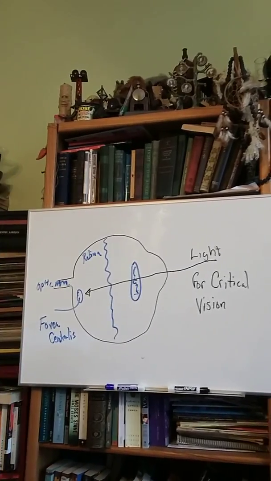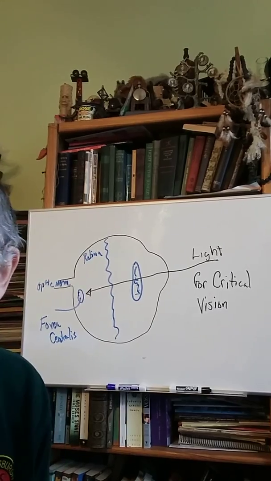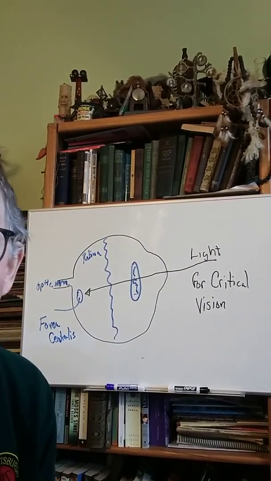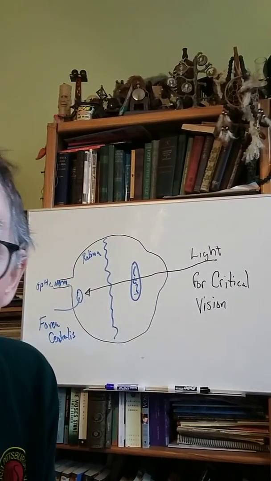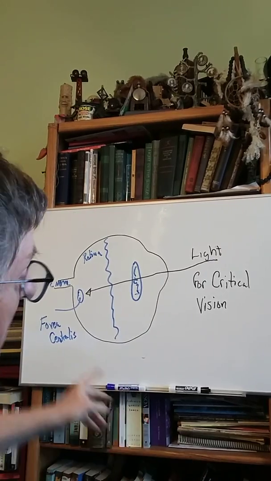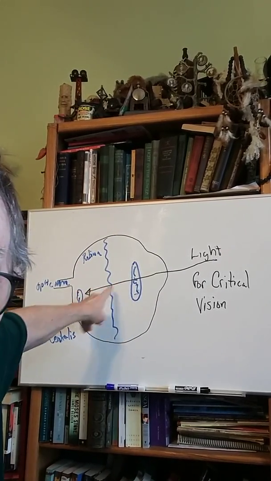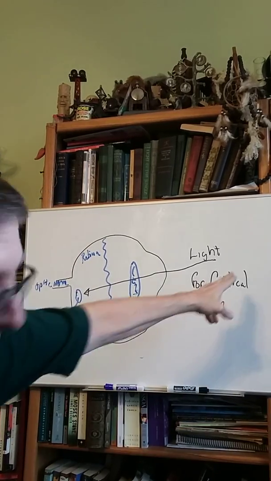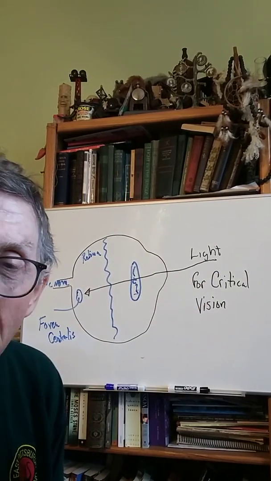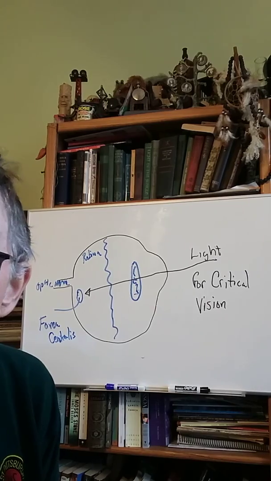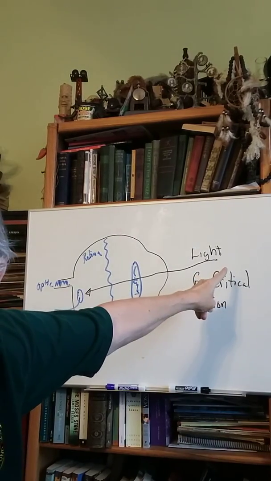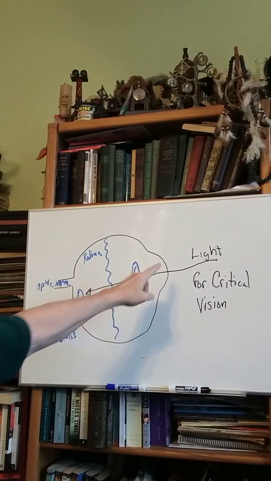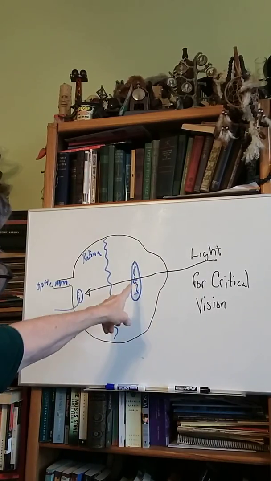All right, I've drawn another picture. You know how much I like pictures. Okay, so again, we're going to be concentrating on the retina. When we talk about critical vision, we're going to talk about light coming in, passing across the cornea through the lens.